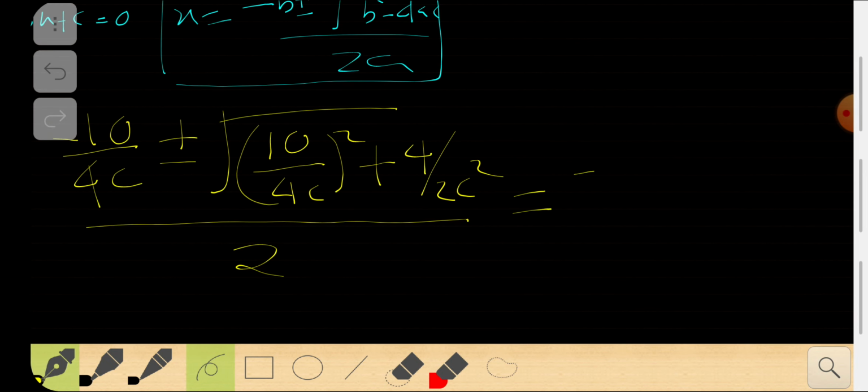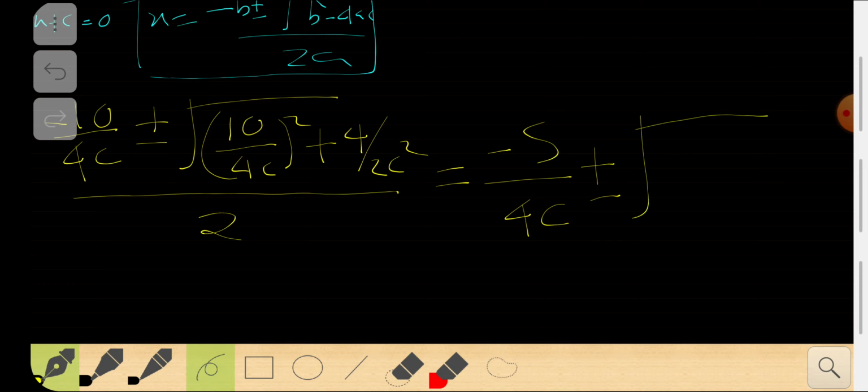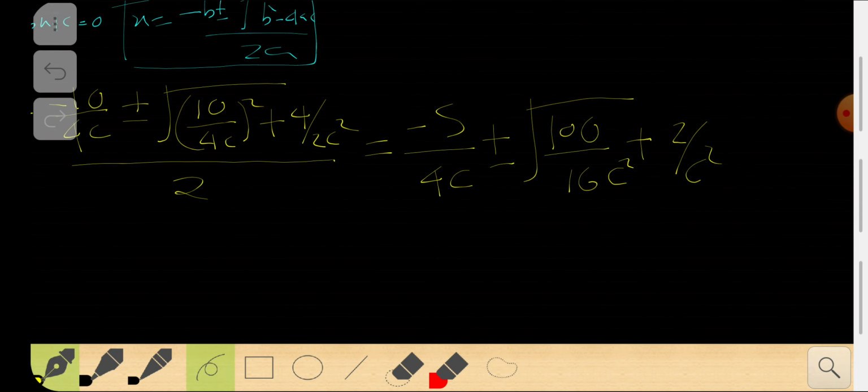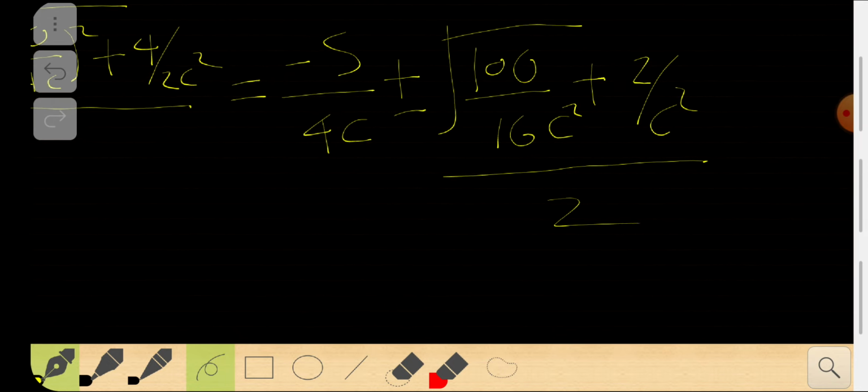So you get minus 5 by 4c plus or minus the square root of 100 by 16 c square plus 2 by c square times a half. There is a half here, so it's a 2. So that's what you get.